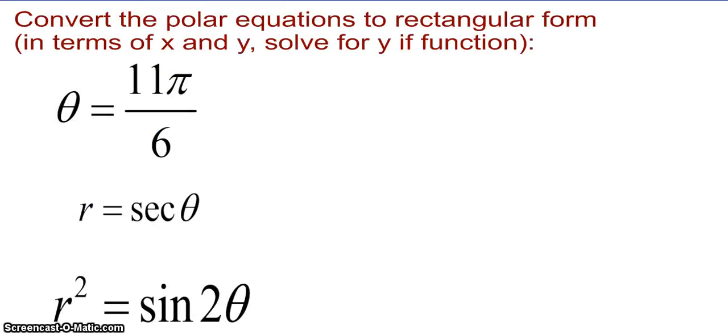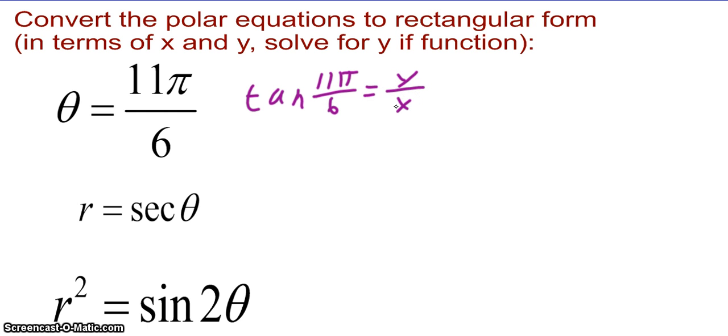Let's try to go the other direction. So now I want you to convert the polar equation to rectangular form in terms of x and y, and if it's a function, solve for y. So, for example, if theta equals 11 pi sixths, then remember I know tangent of 11 pi sixths equals y over x.